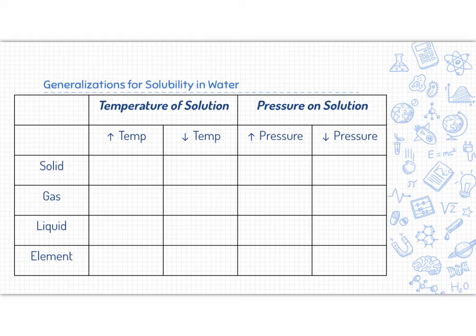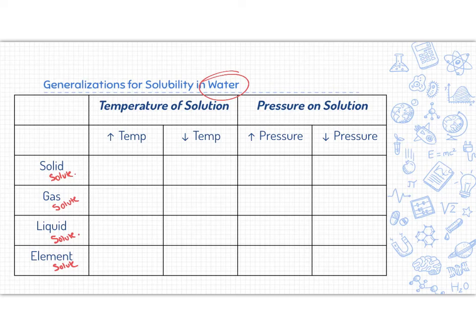So a few things that we can generalize when we're looking at solubility of a solute in water. So we're talking about a solid solute in water, a gas solute in water, a liquid solute, and an element as the solute in water.